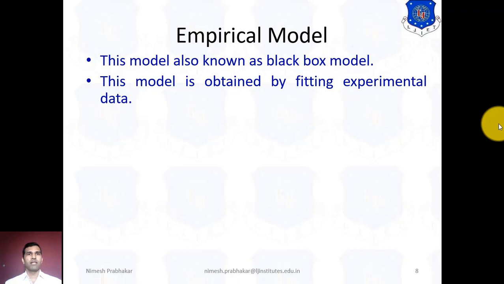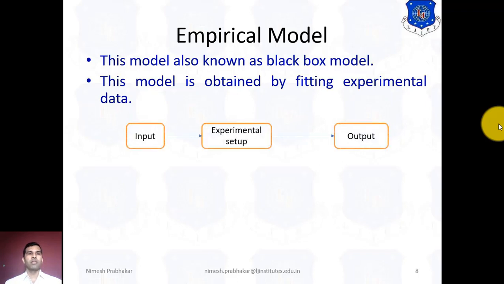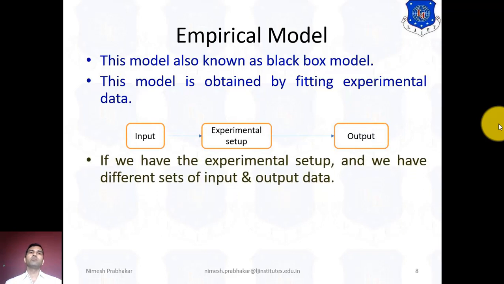Now to understand this, suppose we have the experimental setup and we have different sets of input and output data. That means at time t equals 0 the input is x0 and the output is y0, at time t1 the input is x1 and we get output y1, and for x2 we get output y2.